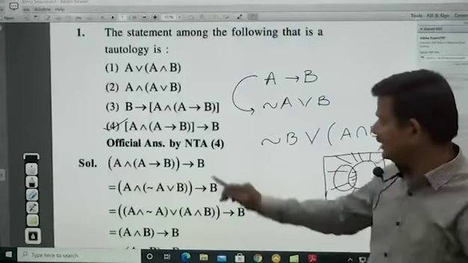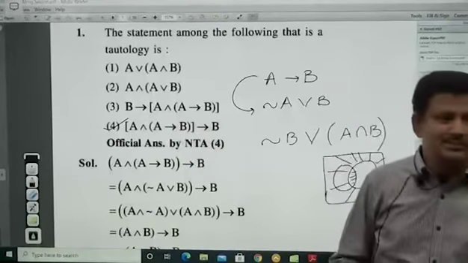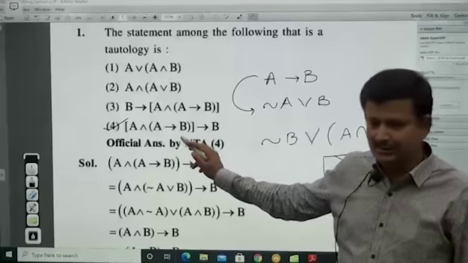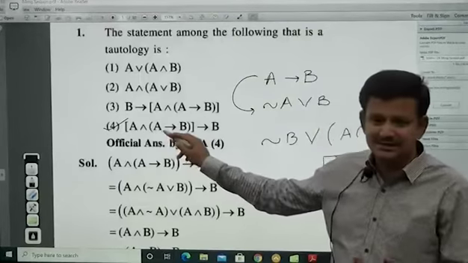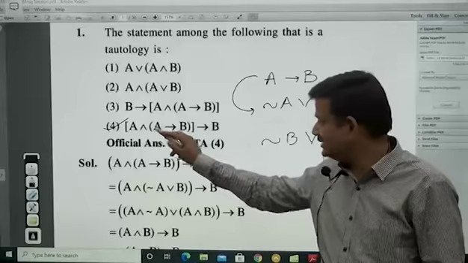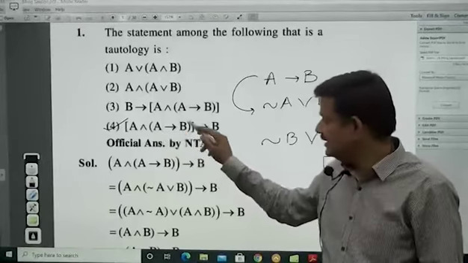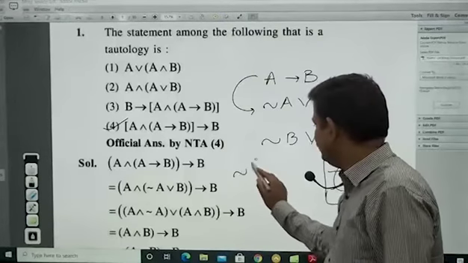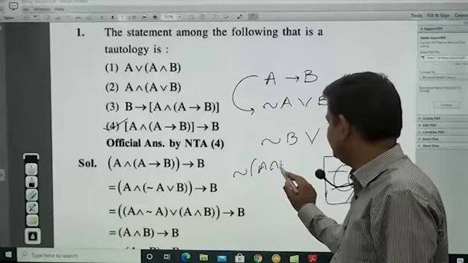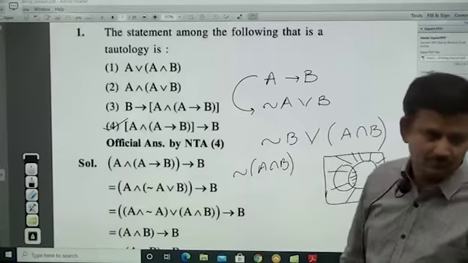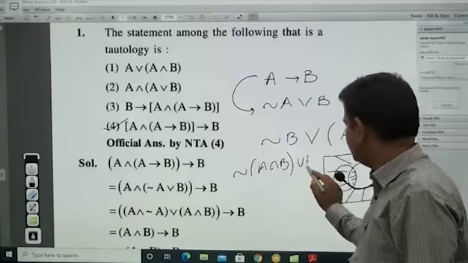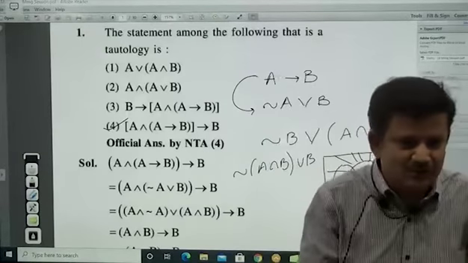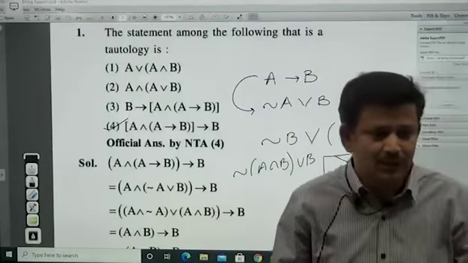If you want, just for practice, I will again tell you. A implies B is what? Negation A or B. A intersection negation A is useless, null set. So A intersection B. What does this mean? Negation of A intersection B or B. Negation of A intersection B contains everything outside A intersection B. So what is missing?